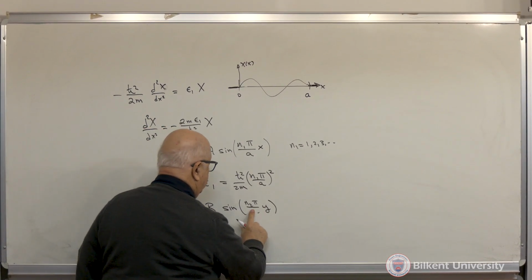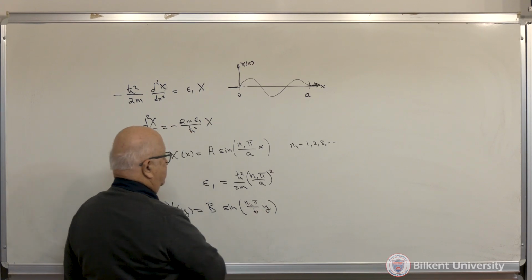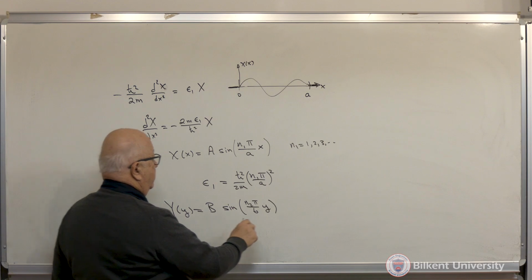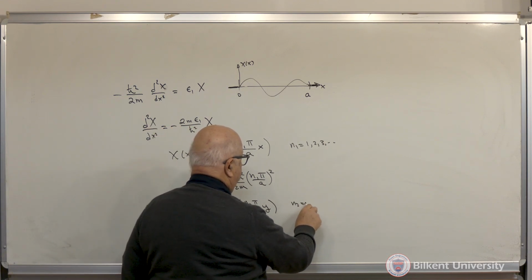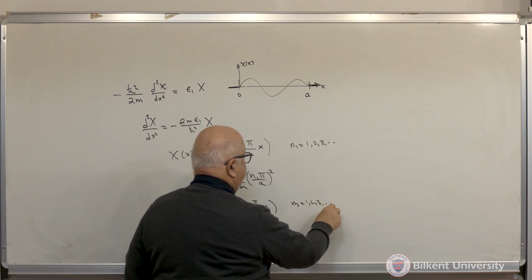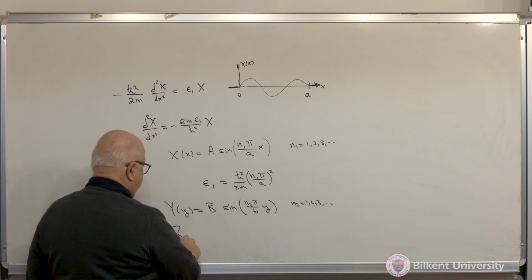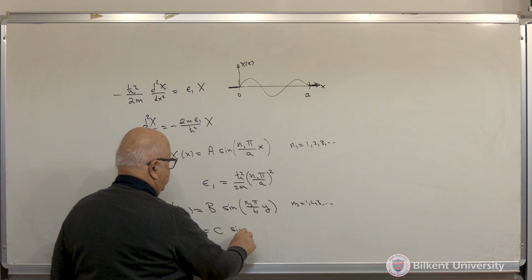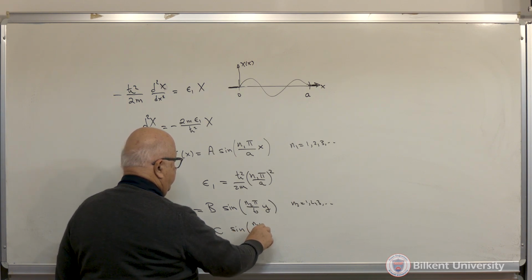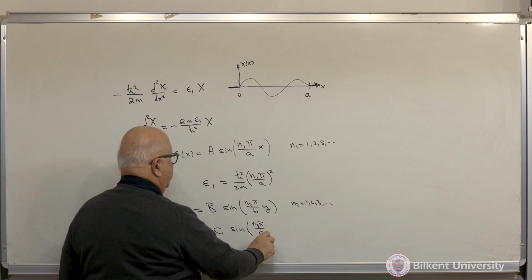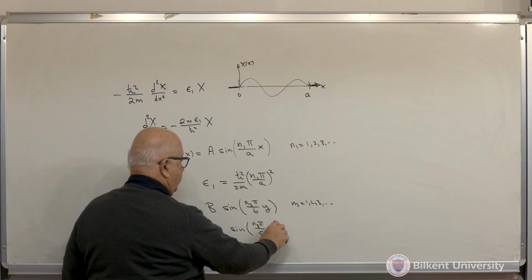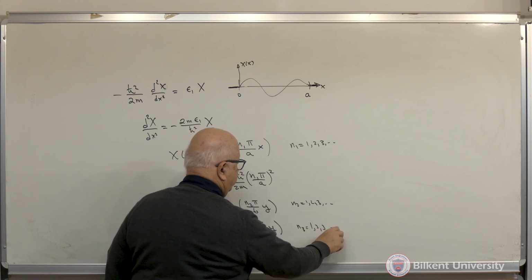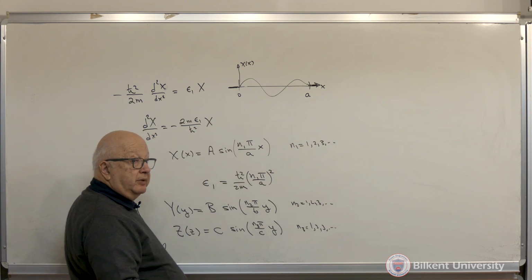B, thank you. Because size of the box we said was B. Okay, and again, n2 is going to be 1, 2, 3, etc. Same thing for Z of z, which will be c times sine n3 pi over c z, with n3 equal to 1, 2, 3, dot, dot, dot.